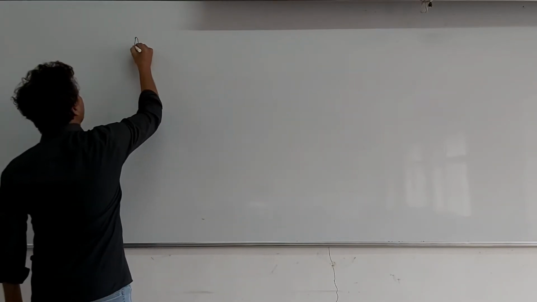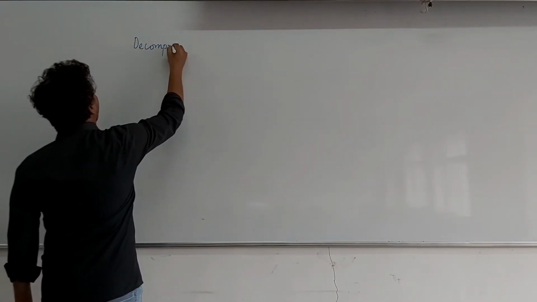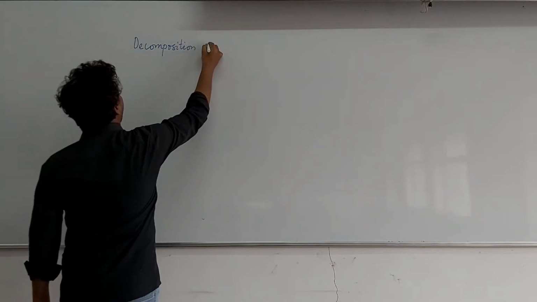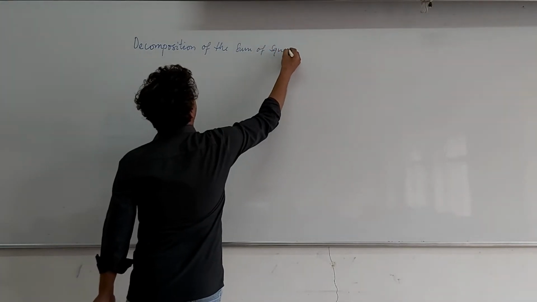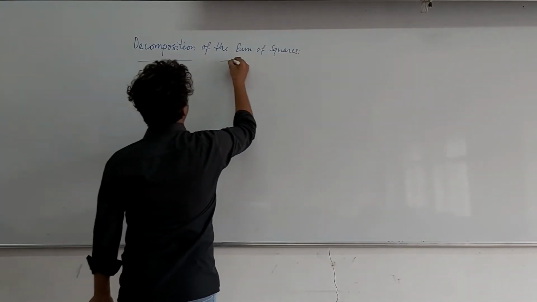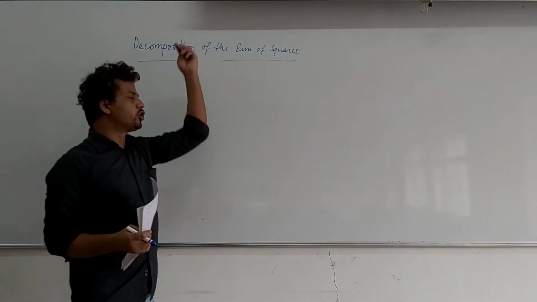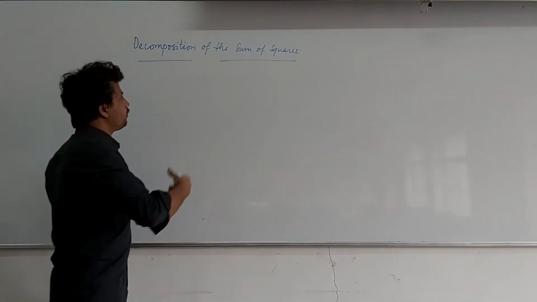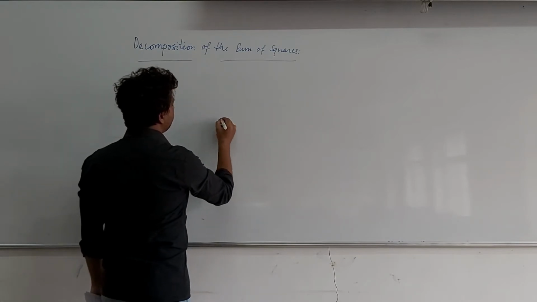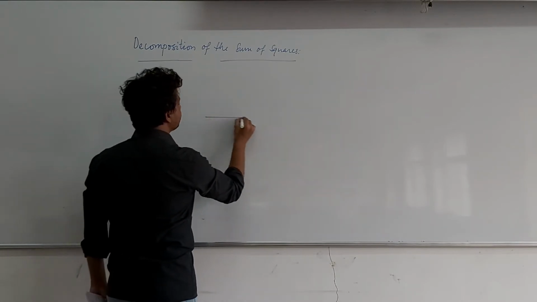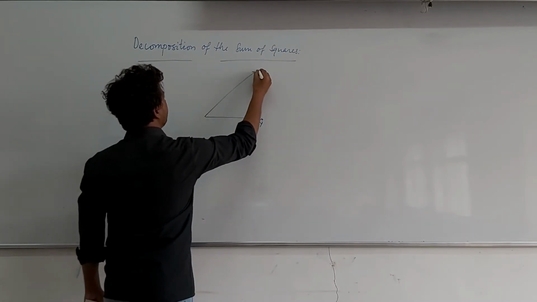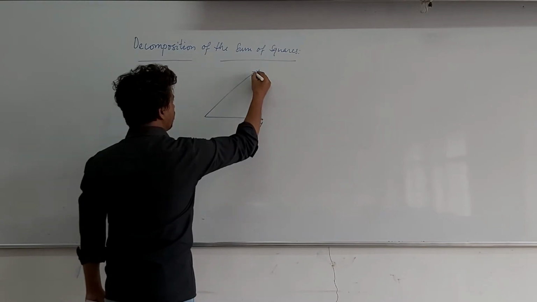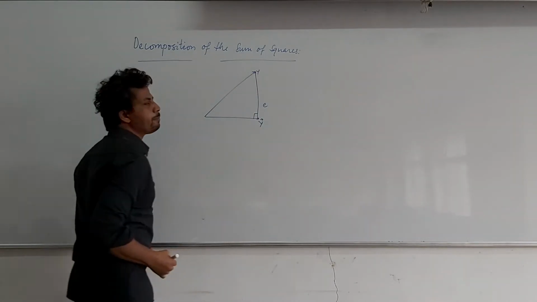Next we talk about the decomposition of the sum of squares. In geometric notation, how will it look? If I say this is my y hat, and this is my actual y, then the perpendicular drawn from this will be my e.